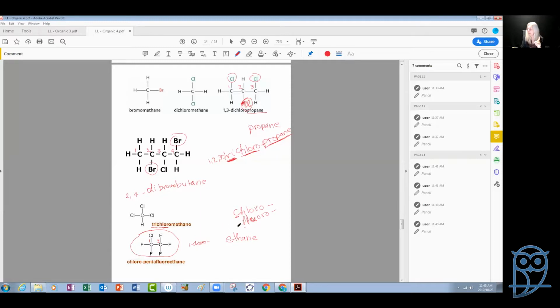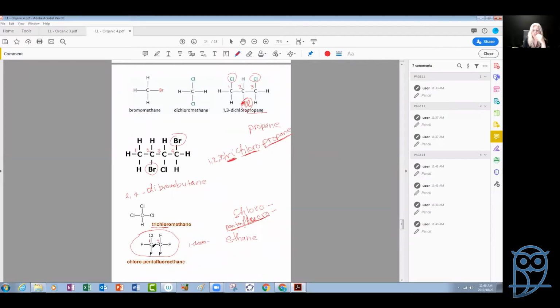So 5, remember, comes from the number penta. So pentafluoro, that must be pentafluoro for all the 5 fluorines. And now look at this. Because it's only 2 carbons here, we could start numbering from left to right or from right to left.